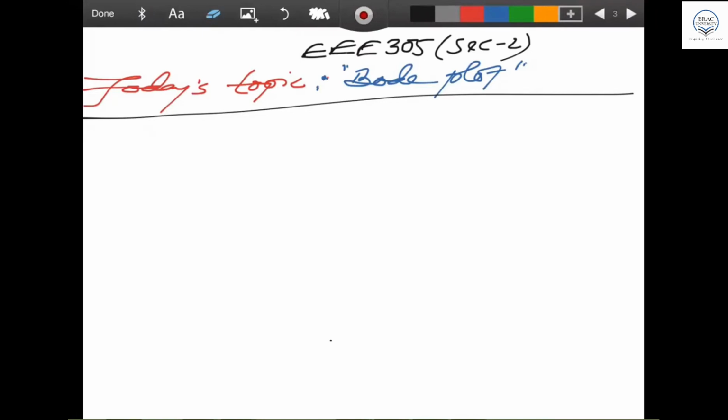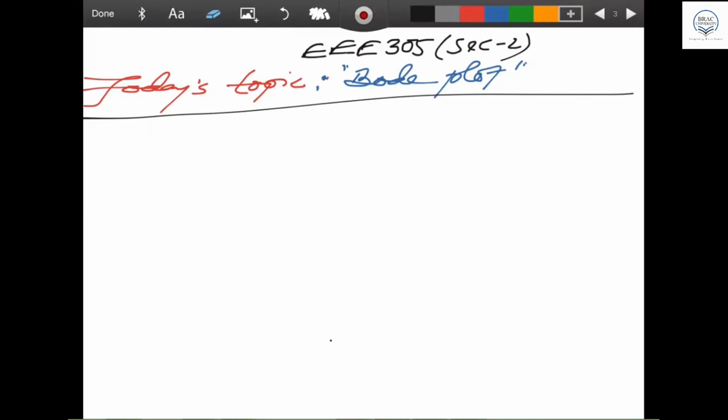I'm going to pick the same example so that it will be easy for everybody to understand. Last time I took the example of an open loop system, an open loop transfer function. The same transfer function I'm going to take.